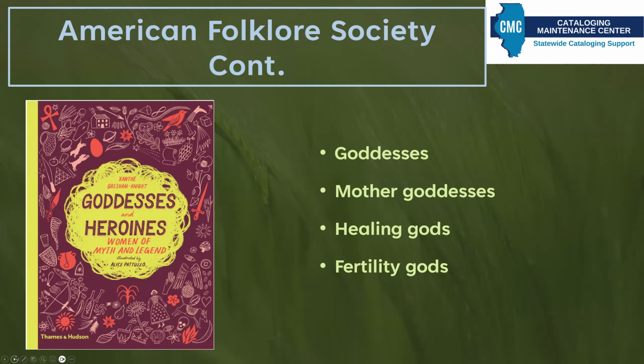Firstly, AFSET, which is the American Folklore Society's thesaurus, does include goddesses as a term, but also includes mother goddesses, which applies to Isis, and healing gods, which applies to Isis and Brigid. The last term I found was fertility gods, which applies to the goddesses Mayahuel, Oceanus, and Inanna, that could be useful as it would describe multiple deities in this work. We're going to search for fertility gods in AFSET.